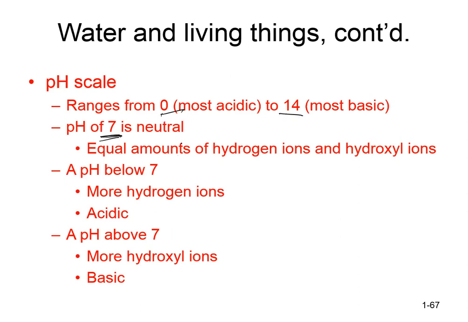At that point H plus is equal to OH minus in water, equal amounts of hydrogen ions and hydroxide ions. If you have pH below 7, we have more hydrogen ions and it's acidic. If we have pH above 7, we have more hydroxide ions and it's basic.